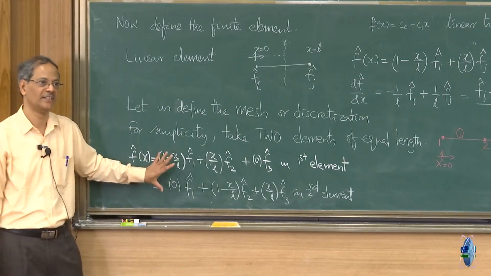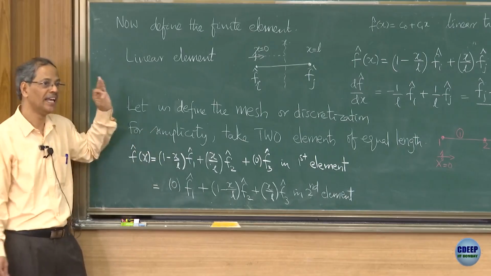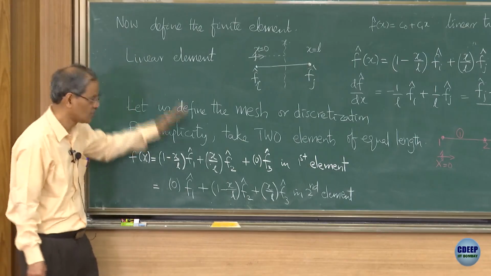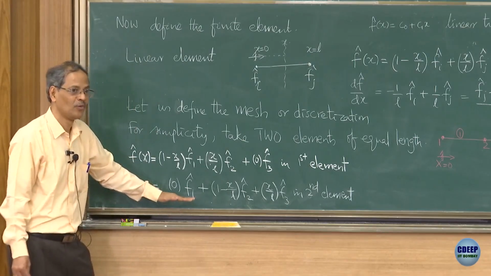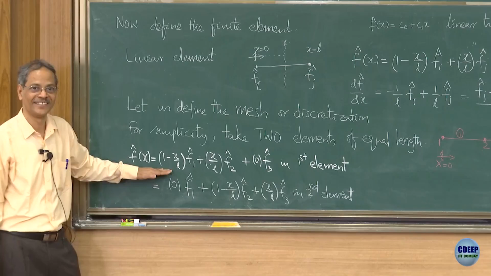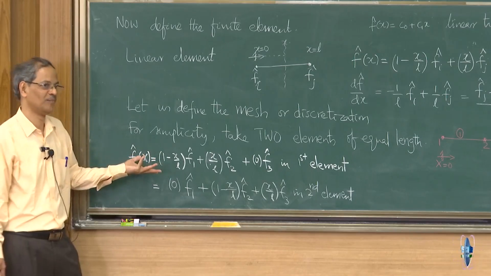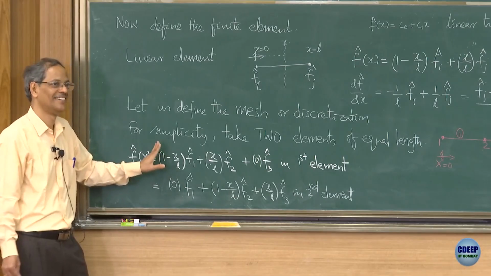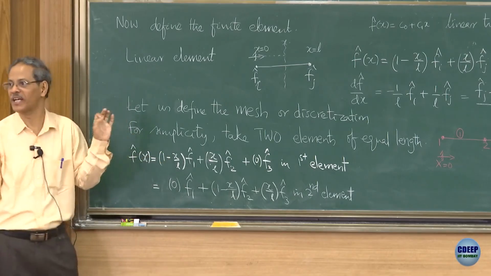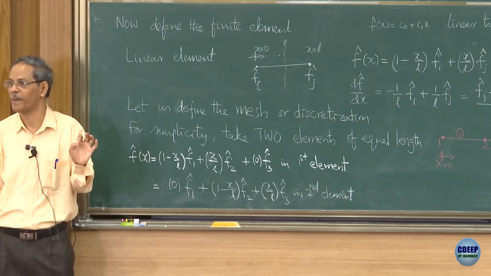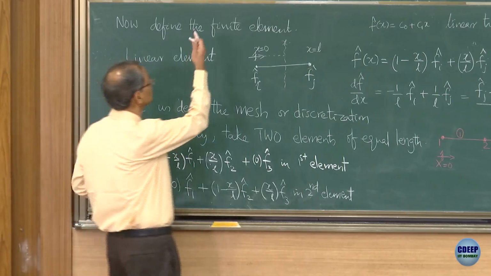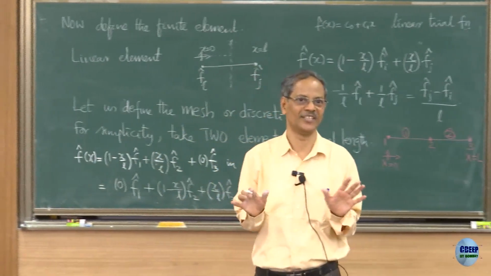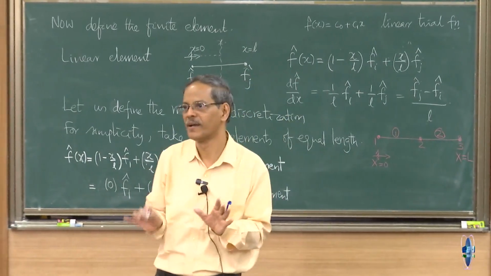You should be able to do these steps for any new problem that you are solving. Once you get this f hat of x, then w is prescribed, because we are using the same interpolation functions for the weight function also, as per Galerkin's weighted residual method. Then I am going to simply substitute in the piecewise continuous weak form. That's my strategy. Is that clear?